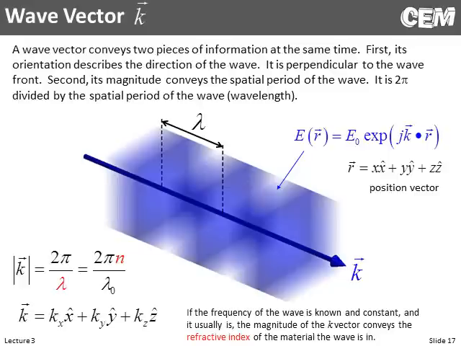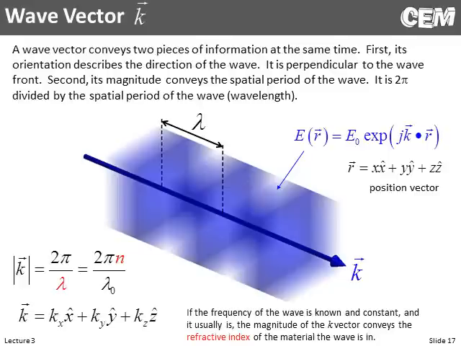So I use lambda with the not notation to mean the free space wavelength, and I'll never use just lambda alone. I'll put refractive index in there if I want to convey that it's shorter or longer. Lambda alone is very ambiguous, because I never know what people are talking about. Is that the free space wavelength or the wavelength inside the material? I see both, and it's just confusing.